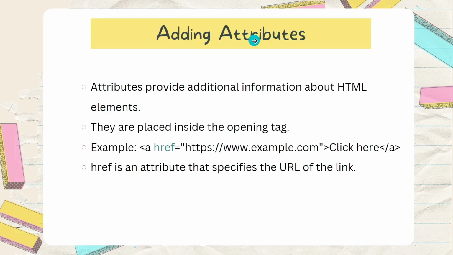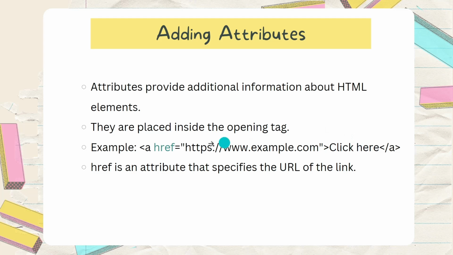So I briefly touched on adding attributes, but let's see it again. Attributes provide additional information about HTML elements, right? They are placed inside the opening tag, just as you saw in the previous example. Now we have another example here. We have the A tag, which is used for hyperlinks. You notice how this href attribute points to the particular URL. So by the time you write this code, what is displayed on your browser is the click here.